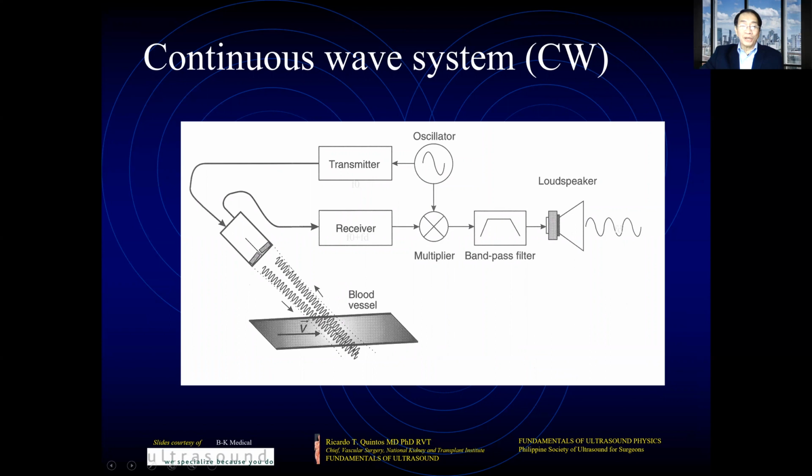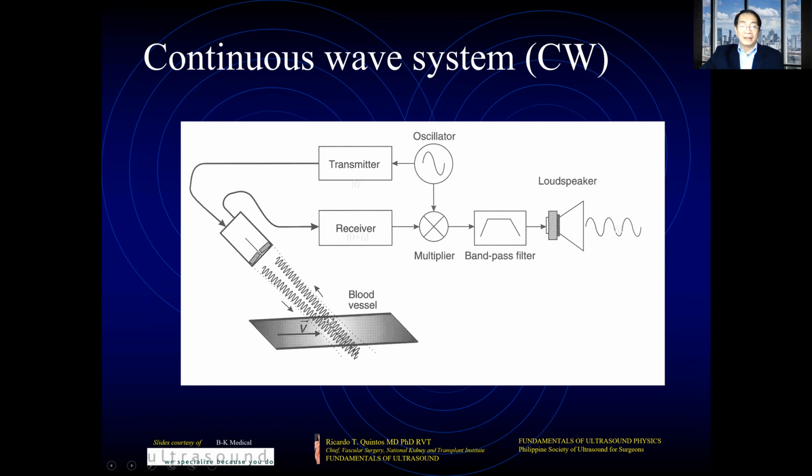So this is a figure example of a continuous wave mode where there are two different piezoelectric elements. One element will continuously vibrate and send forth the ultrasound signals.